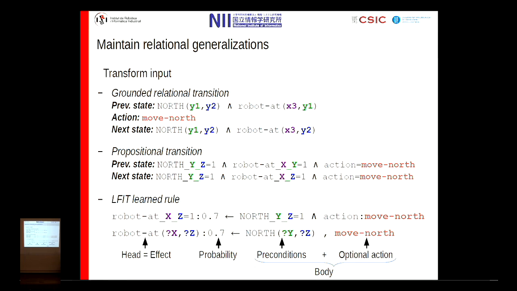And with LFIT, we will obtain rules such as this one that we can easily transform into relational planning operators. And we will have an optional action atom: in the case that this atom doesn't appear, there will be no action. And when there's no action, it's an exogenous effect.